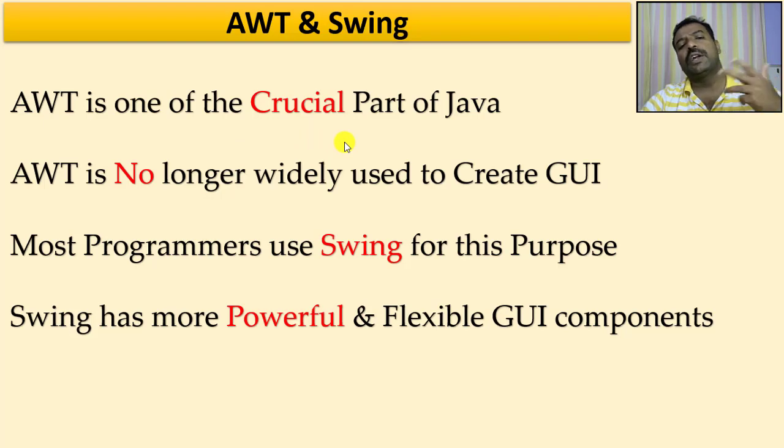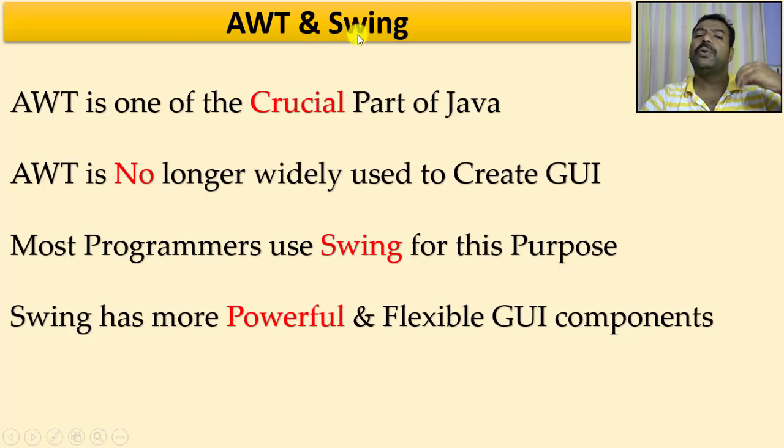Whenever I want a graphical user interface application, yes, I do use AWT. But the AWT is no longer widely used to create GUI. Most programmers use Swing for this purpose.